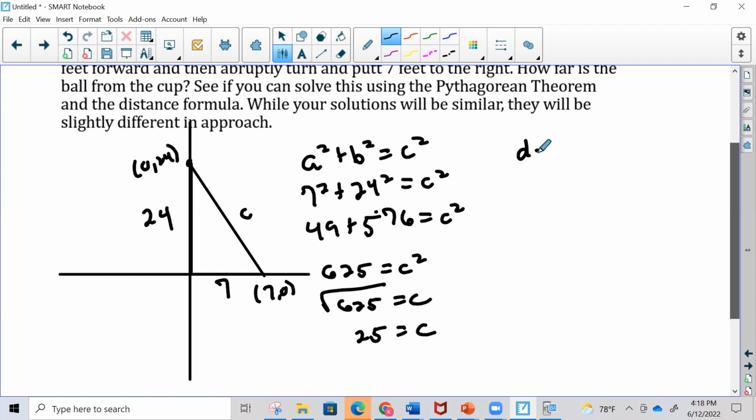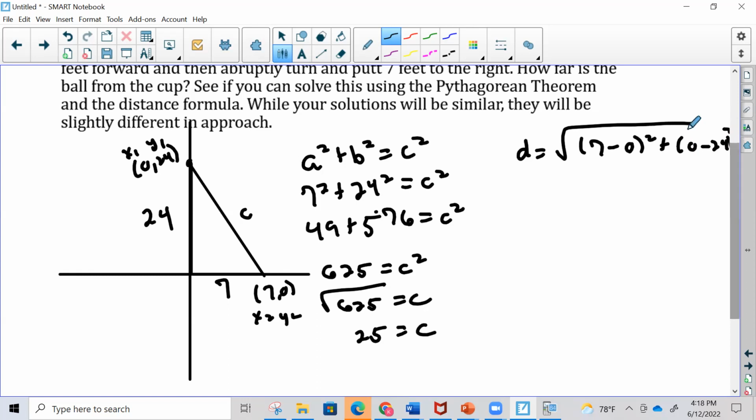When you're doing the distance formula, you would just use those points. So this would be x1, y1, x2, y2. Then you would do x2, so 7 minus x1, which is 0, and then y2, which is 0 minus 24, squared.